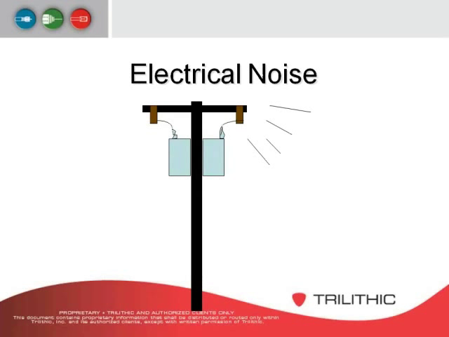Now, one thing that can happen is your signal level meters can be tricked. One of the ways that your leakage detectors can give you false results is from electrical noise. Electrical noise can come from anything from transformers, spark plugs in your vehicles, or spark plug wiring, appliances.